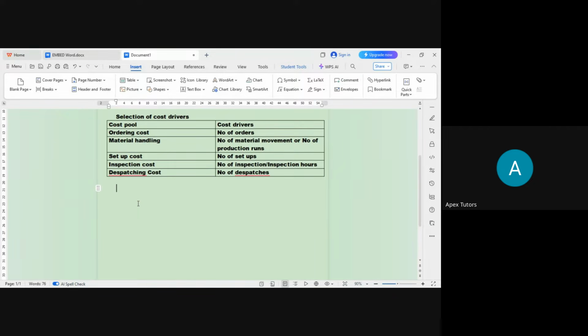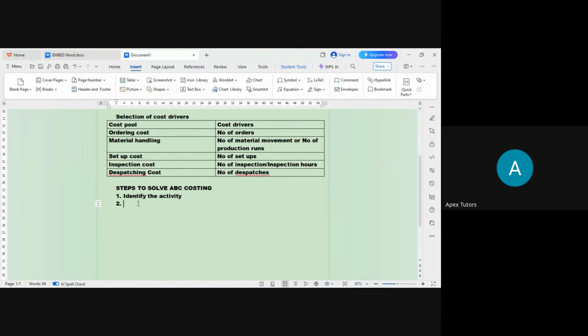Steps to solve ABC costing. Number one step is for you to identify the activity.